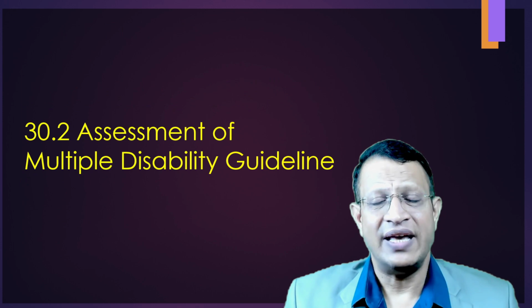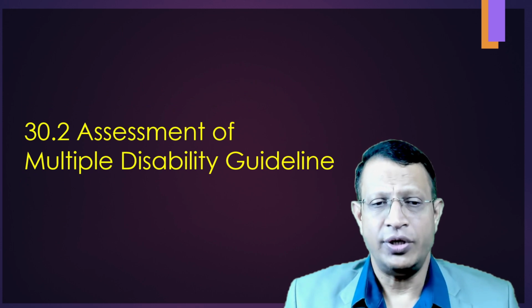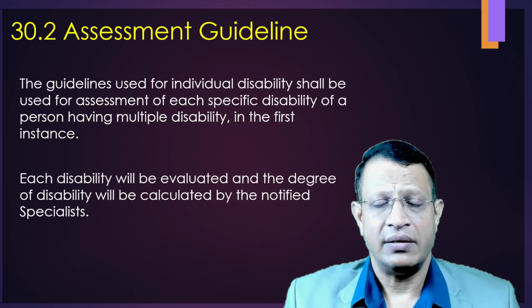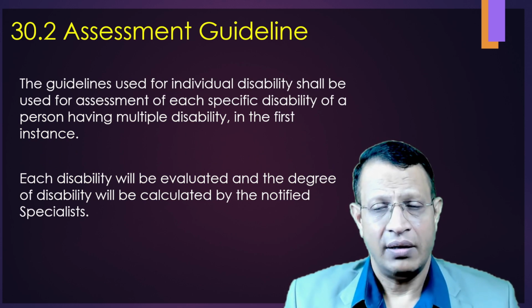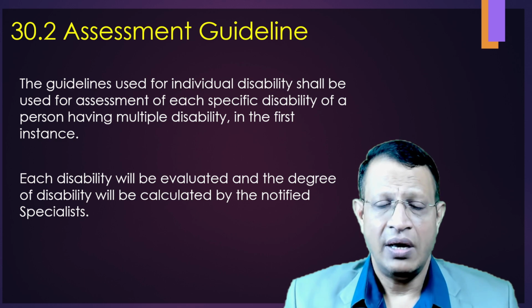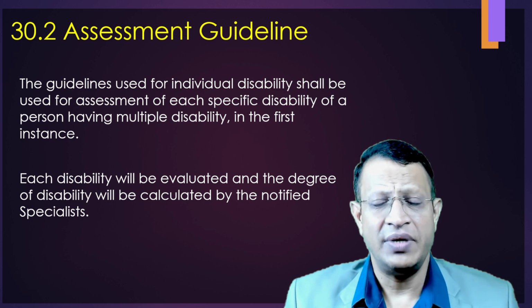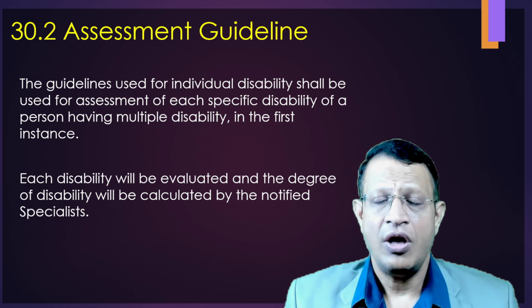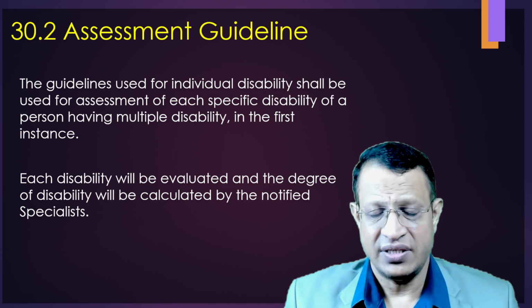Now let's move into the Gazette notification 30.2, that is the assessment of multiple disability guideline. This guideline clearly says the individual disability shall be used for assessment of each of the specific disabilities of a person having disability in the first instance.